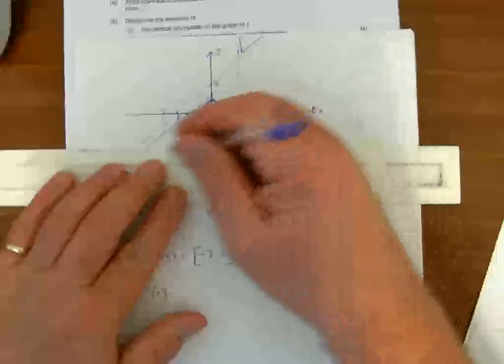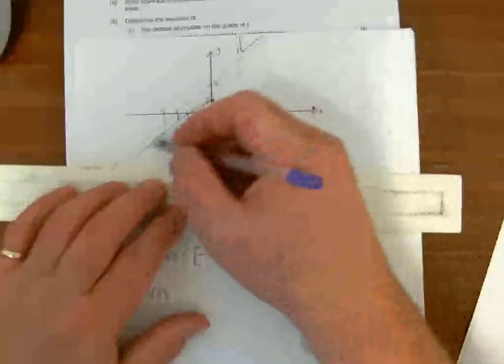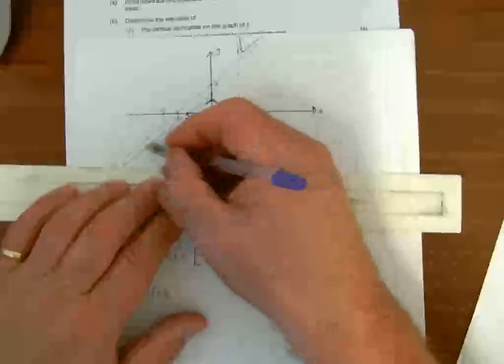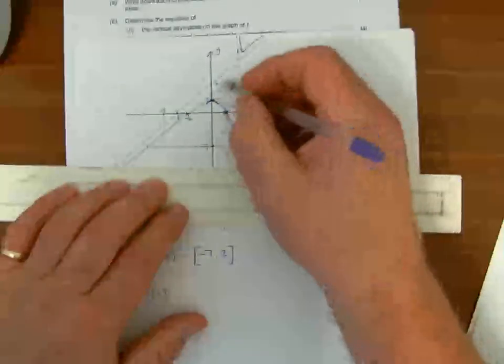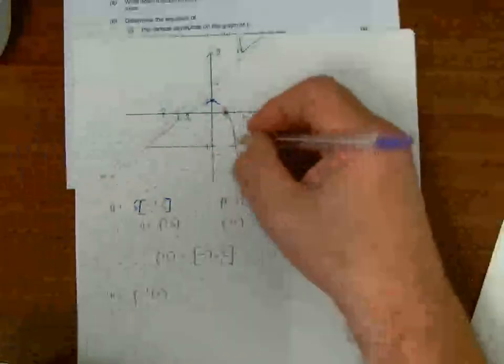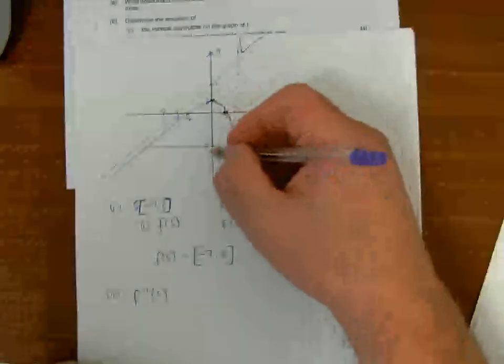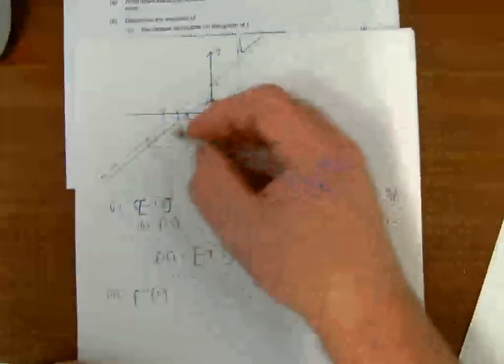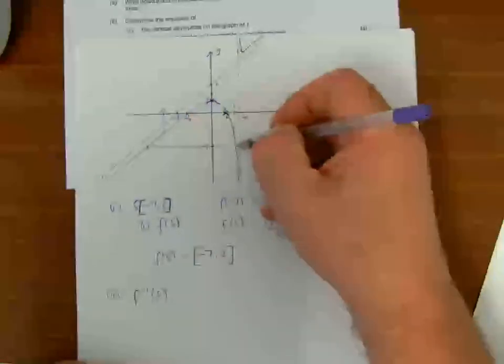Going up to 3 has no effect. So the two extremes here: if the range is minus 7 up to 3, the domain is going to go from that value to that value.